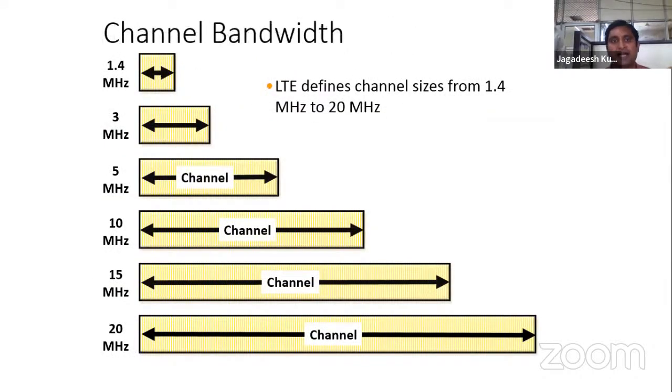So now we are going to our channel bandwidth. Like I told previously, different types of bandwidths are being used: 1.4 megahertz, 3 megahertz, 5 megahertz, 10 megahertz, 15 and 20 megahertz. Each and every band can be divided into subcarriers. Actually, this 20 megahertz can be divided into 15 kilohertz subcarriers.